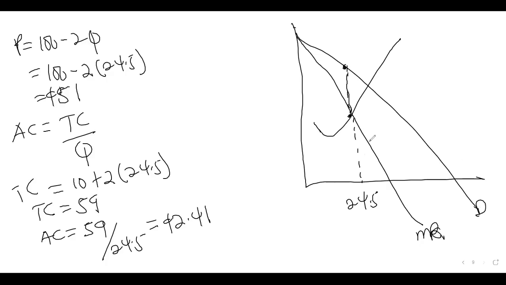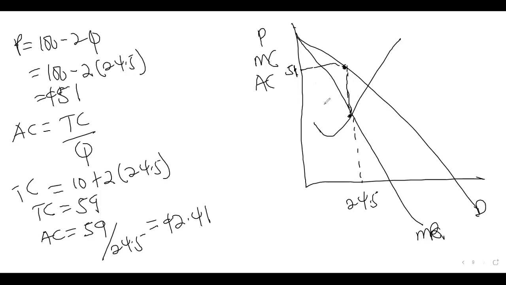Because the demand curve is a curve that combines price and quantity. So this will be our price. And the price is 51. Okay. We also need to find the average cost. So here, the average cost is 2.41.